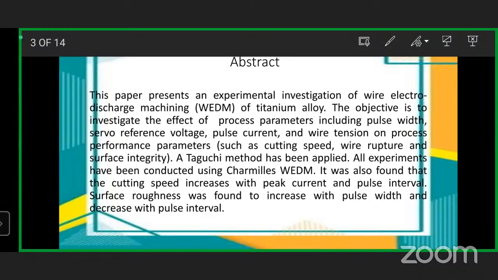The Taguchi method has been applied. All experiments have been conducted using Chermill's WEDM. It was also found that cutting speed increases with peak current and pulse interval, and surface roughness was found to increase with pulse width and decrease with pulse interval.